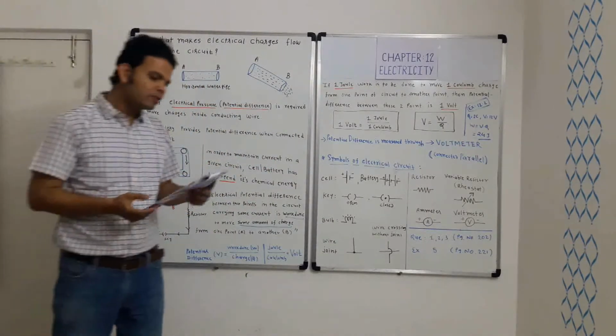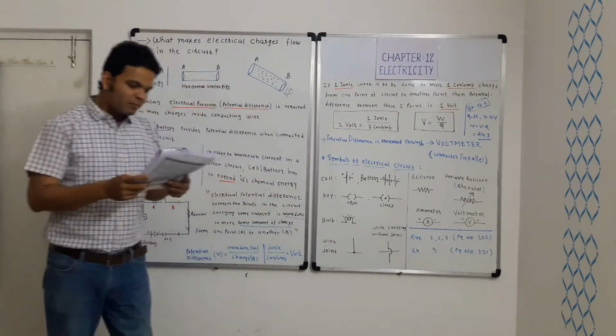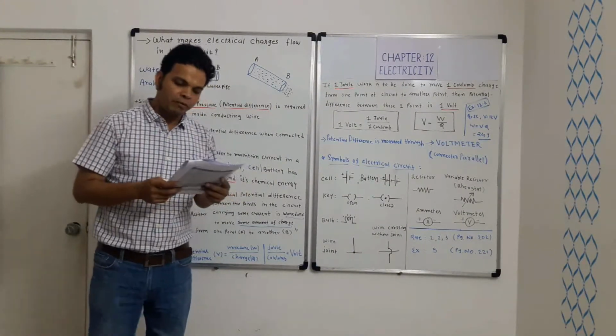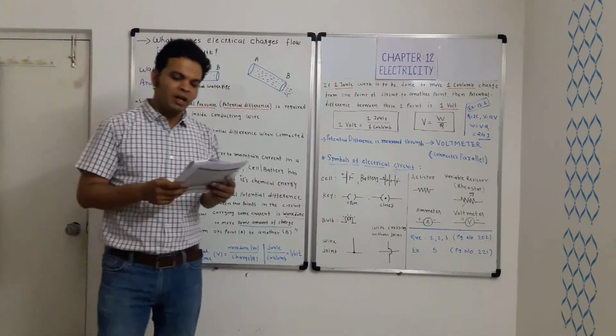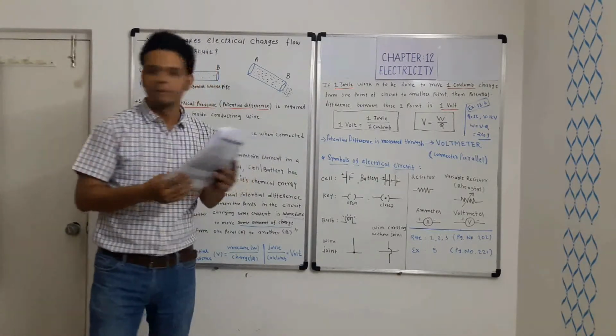Example number 12.2 on page number 202: How much work is done in moving a charge of 2 coulomb across 2 points having potential difference 12 volt?